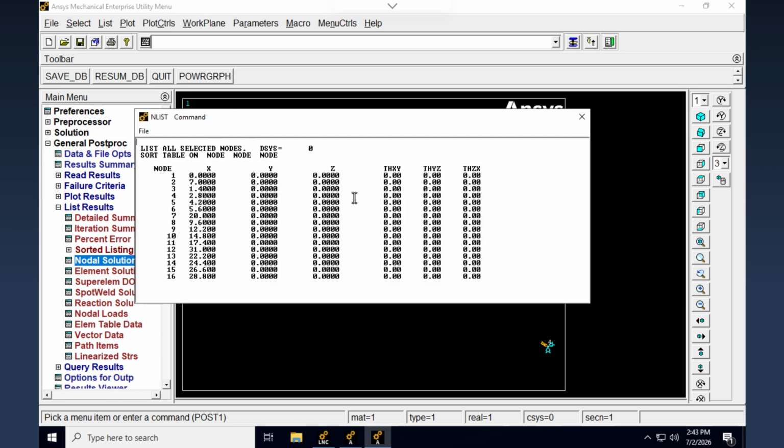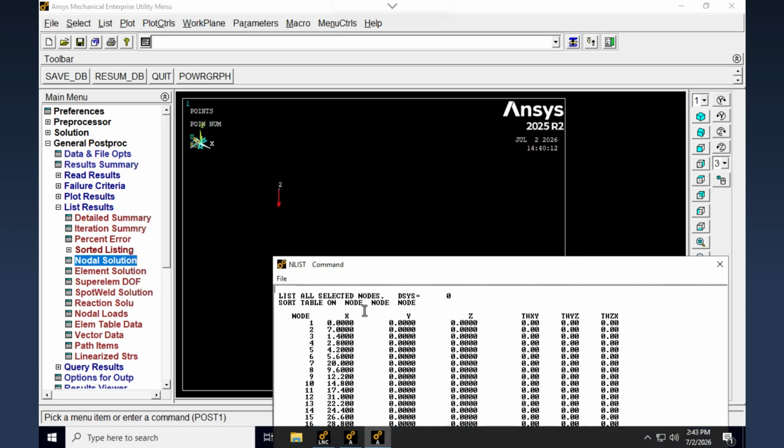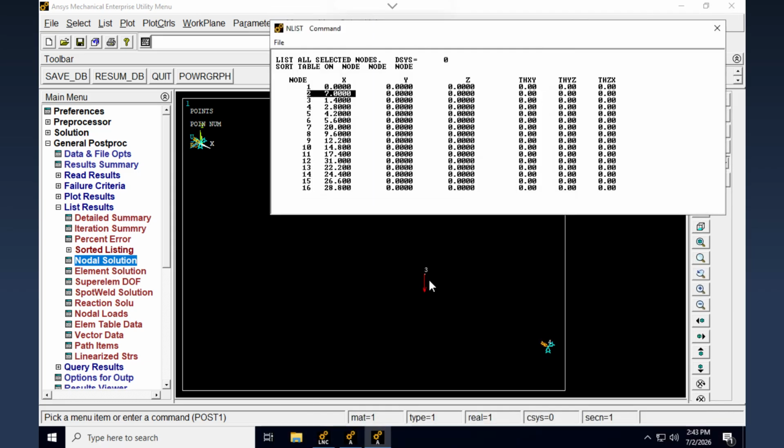Oh, okay, from here we can figure that out actually. If you remember, it says node 2. Node 2 is located at 7 inches from the left. So that's actually where key point 2 was, so that's where our left gear is. And then the right gear was located at point 3, which is 20 inches from the left.